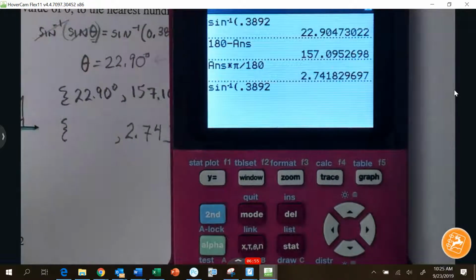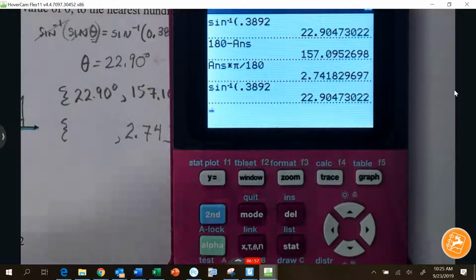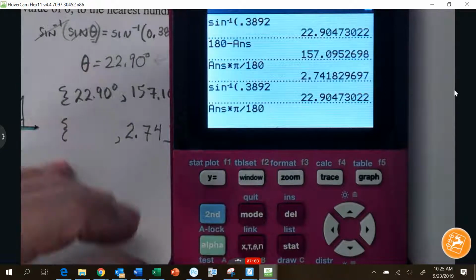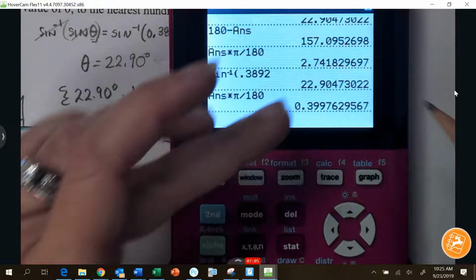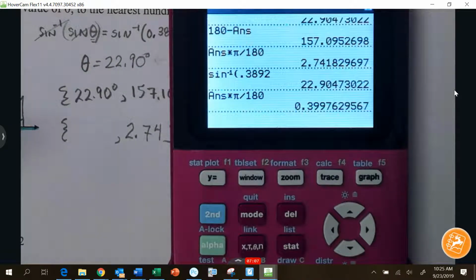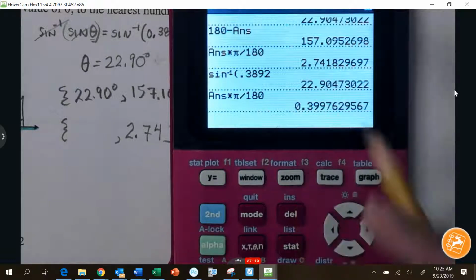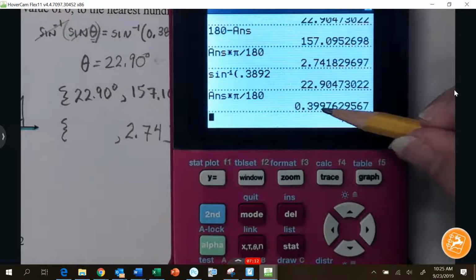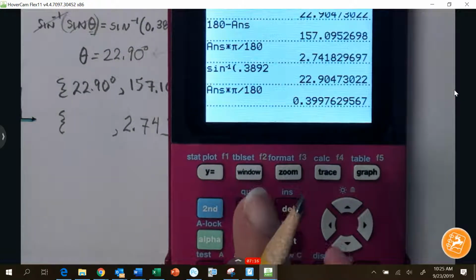This is maybe what I would do. And then I would do the same thing again. I would times by pi, divide by 180, just to convert that one. So 0.39, and I'm doing the hundredth, so that's going to take the 9 and make it a 10, but that makes it 0.40.